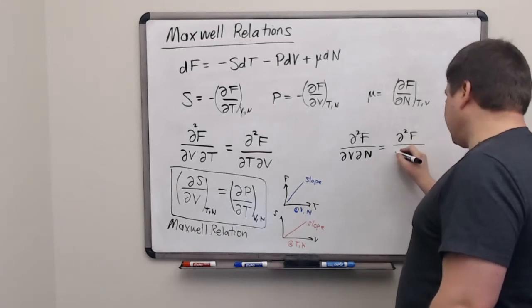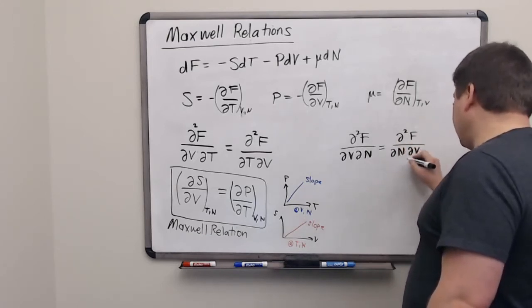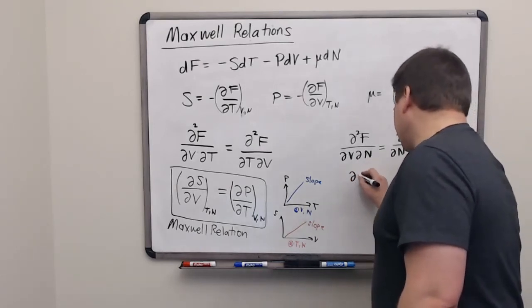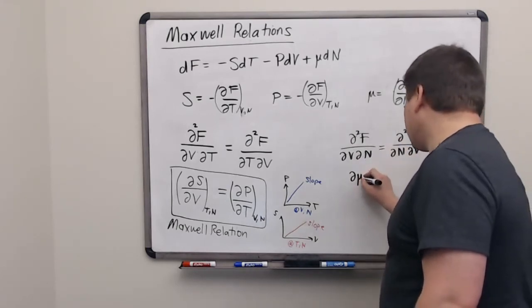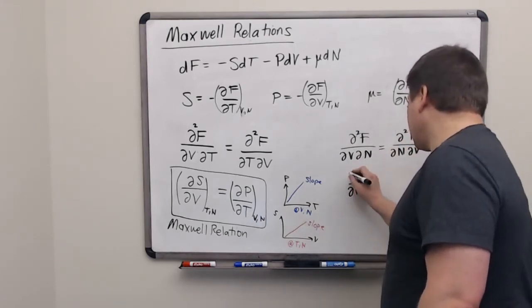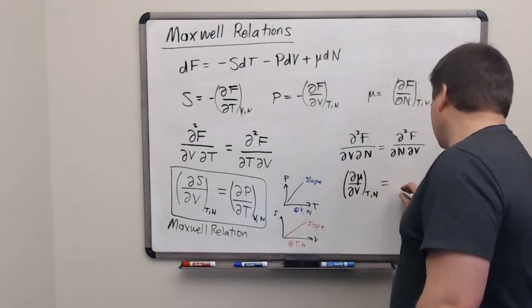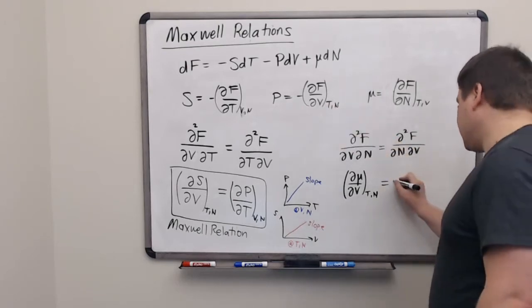This should be equal to the derivative taken with respect to volume first and then particle number. So dF dN is mu. And on the right side, dF dV is minus P.